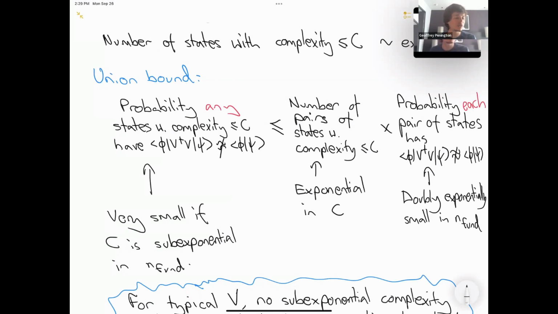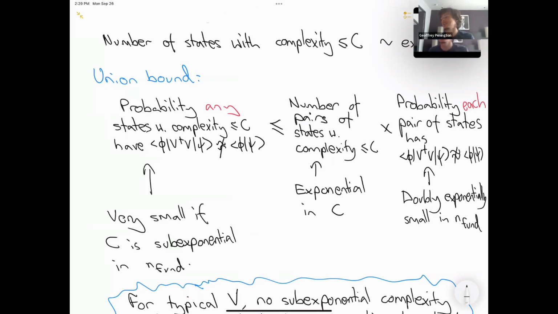Okay, and there's a very crude bound that we can put on this, which is just to say that this probability is upper bounded by adding up the probability that each pair of states with complexity less than c has an inner product that's very different in the fundamental and effective description.